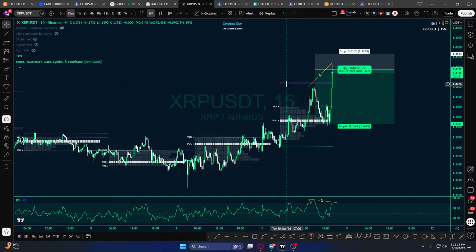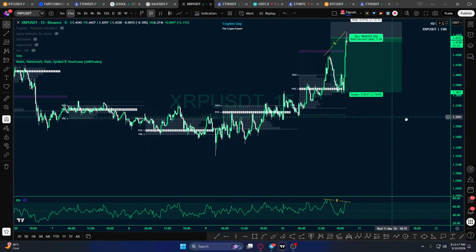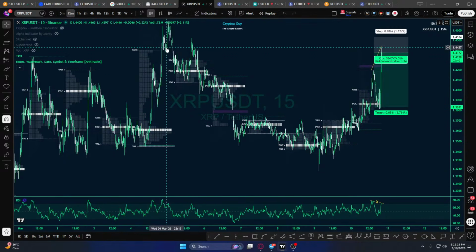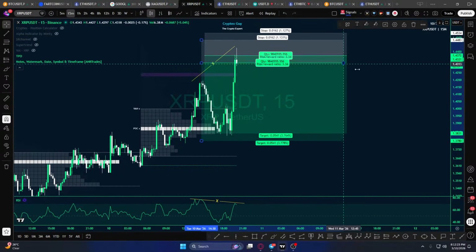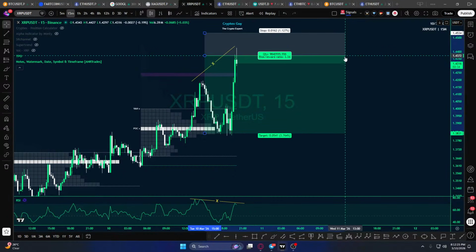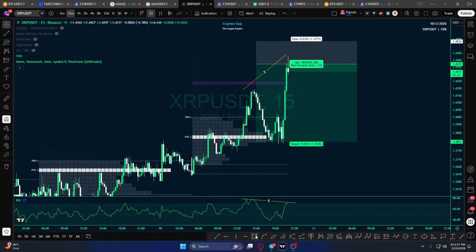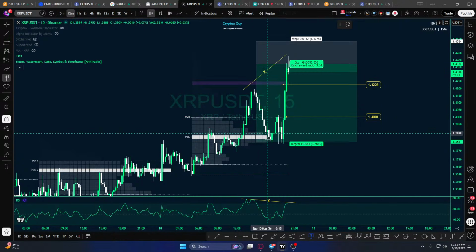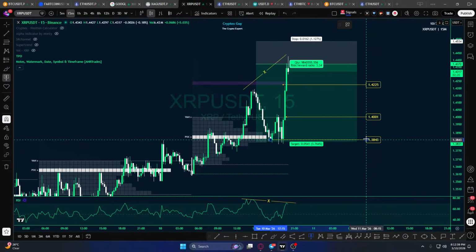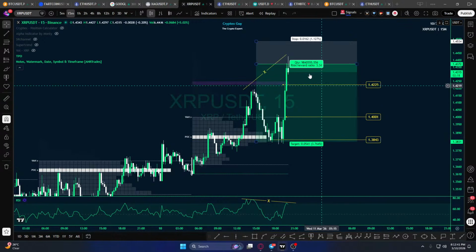Okay, so we have a fingerprint here, and previously we have a POC here, VAH here. Yep, you can short it here if you want to with 0.1% margin, not a big margin, and place your TP1 around here, TP2 around here, and your last TP at POC around this zone. These would be your TPs. You can short it.